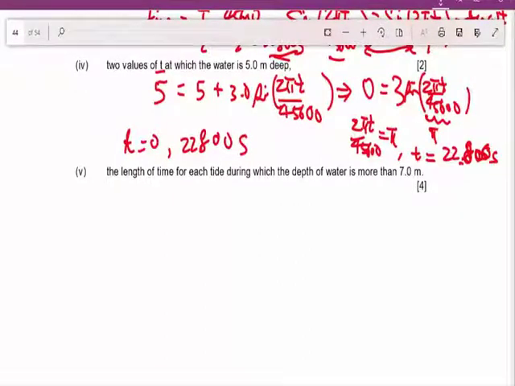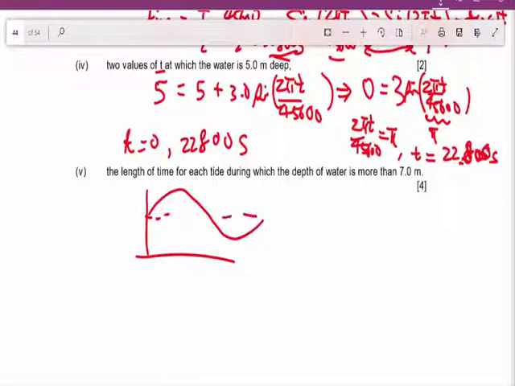So next part, the length of time for each tide during which the depth of water is more than 7 meter. If you look at the equation again, starting from 5, it goes up to 8, down to 2, and so on.